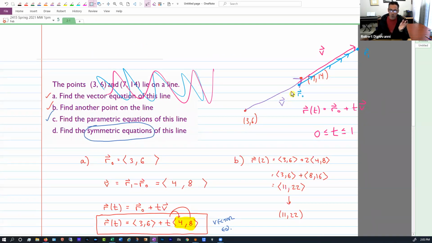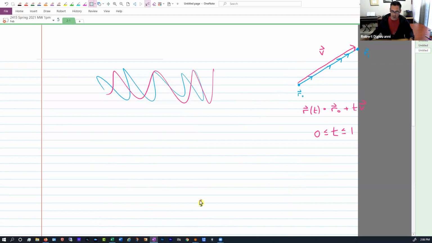And I said, well, if it's 1, it's just going to be here at 7, 1, 4. If it's 0, we're going to be here. So this is what happens at t is 0. This is what happens at t is 1. So if we let t be stuck between 0 and 1, we're going to create all the vectors in here, which is going to draw just that line segment. If we let t go past 1, then we're going to be out here, and it's not going to be drawing the line segment anymore. All right, hope that makes sense.